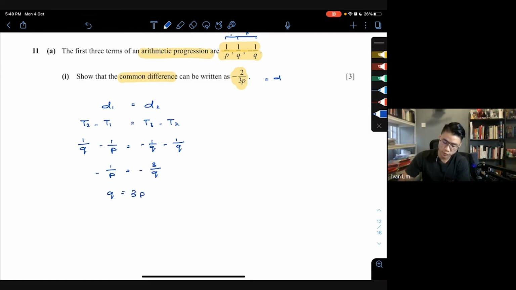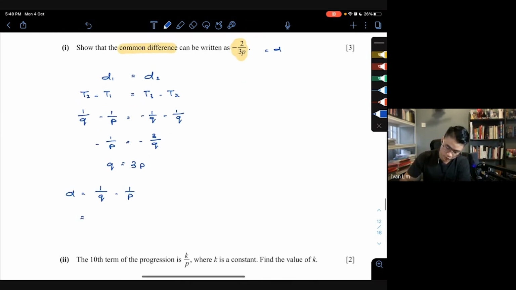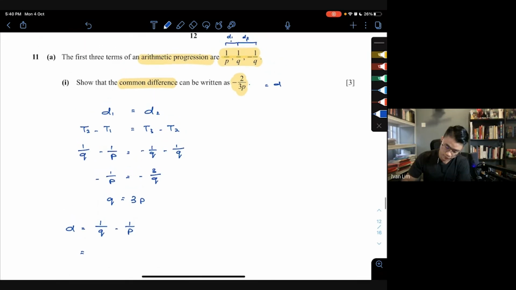Okay, then we can get an expression Q equals 3P. You all see why I make Q the subject: the term that they want is in terms of P. It means I want to eliminate Q, I want to substitute Q away. For D, what we found just now, we can use either T2 minus T1 or T3 minus T2. So common difference, either one, I can write as 1 over Q minus 1 over P. Let's see.